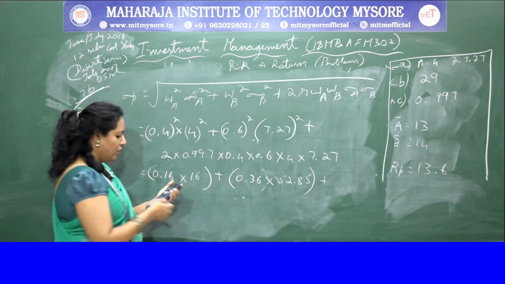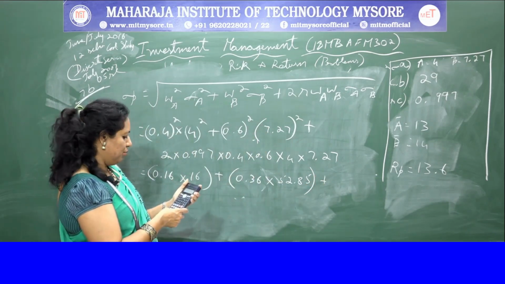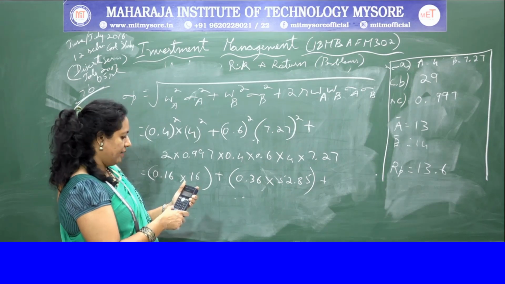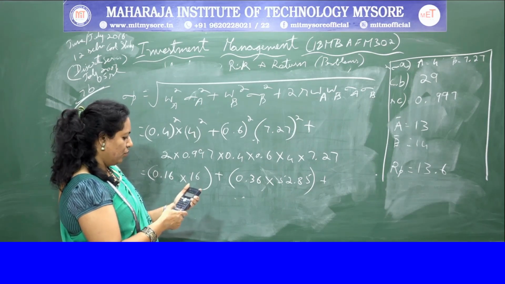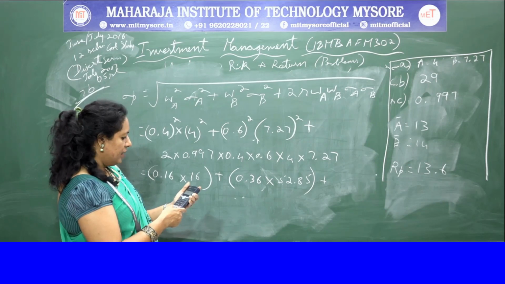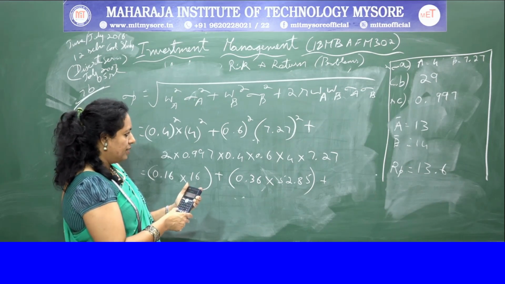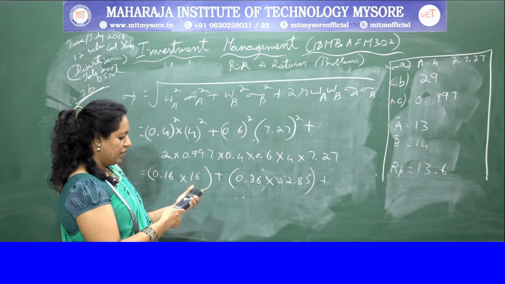Plus we have to multiply all these: 2 into 0.997 into 0.4 into 0.6 into 4 into 7.27.